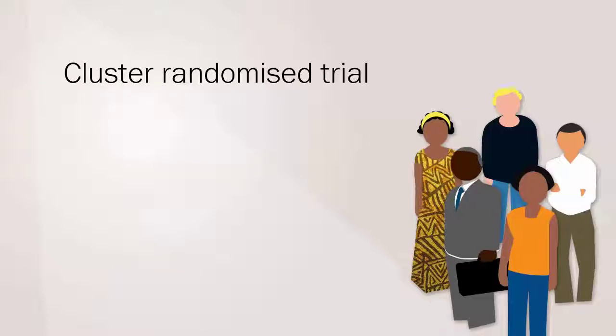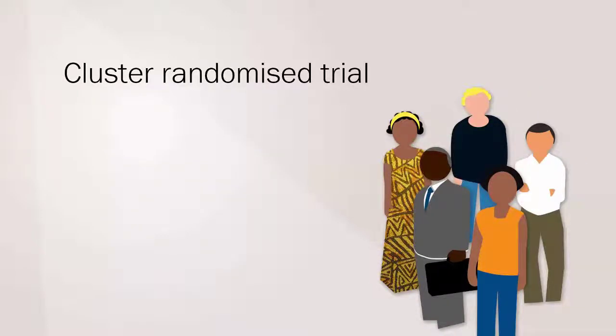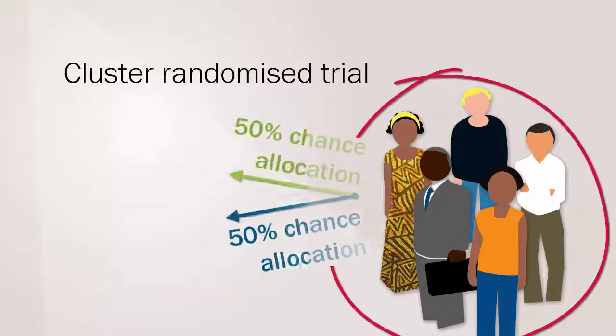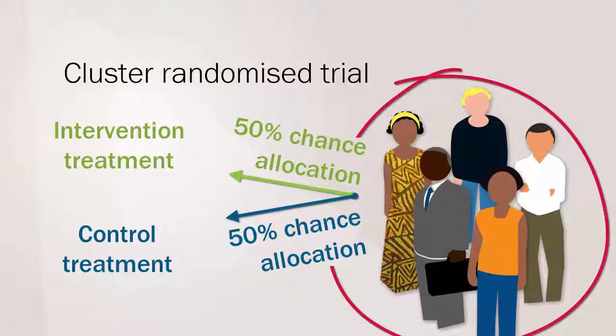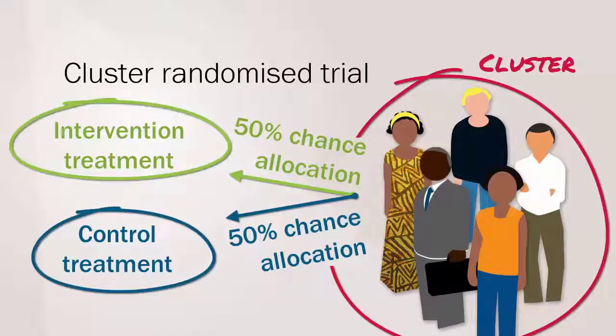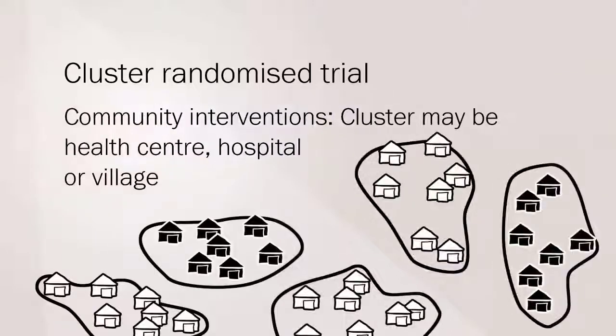Cluster randomized trial. In this type of trial, groups of individuals are randomized rather than single participants. This group is called a cluster, and all members of the cluster receive the same treatment, whether intervention or control. This is often done for community-type interventions where the cluster may be the health centre, hospital or village. It is logistically easier, but there has to be a minimum number of clusters to achieve the same result as individual randomization.